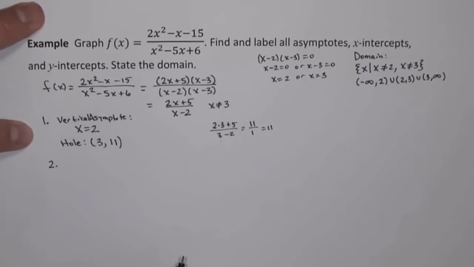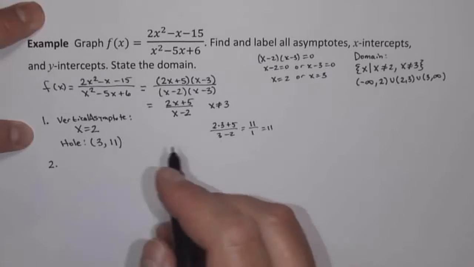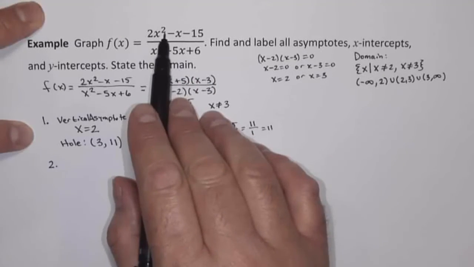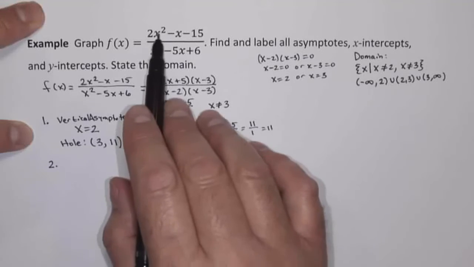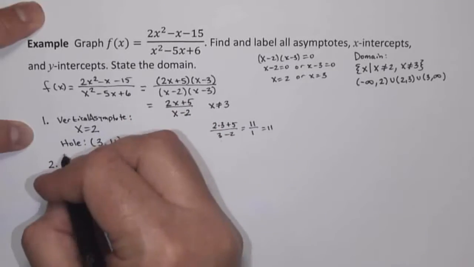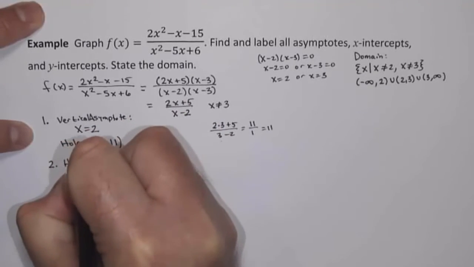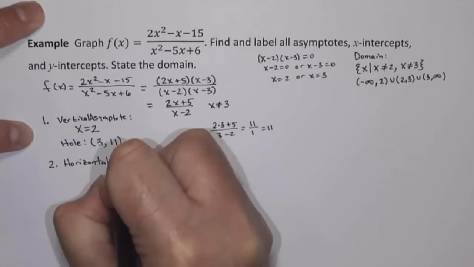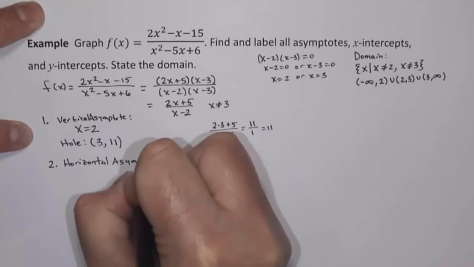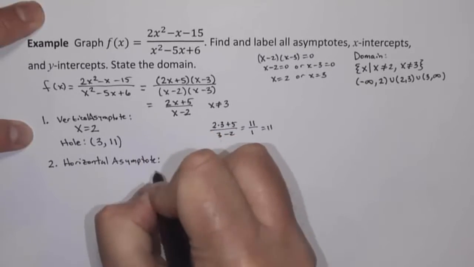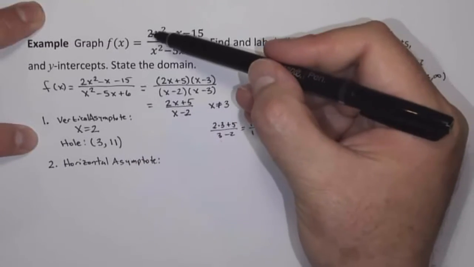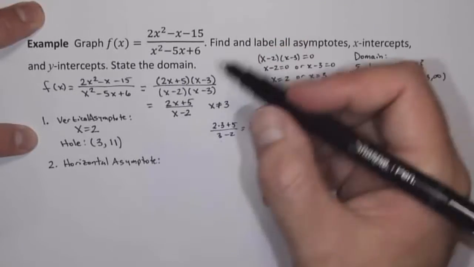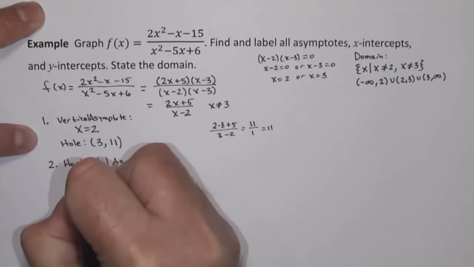Horizontal asymptotes or oblique asymptotes. Well, in this particular case, notice that the degree of the numerator is 2, the degree of the denominator is 2, so they have the same degree. So we're going to have a horizontal asymptote, and that horizontal asymptote is going to be the leading coefficient of the numerator divided by the leading coefficient of the denominator.